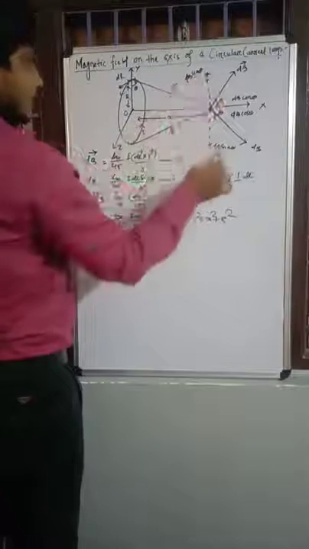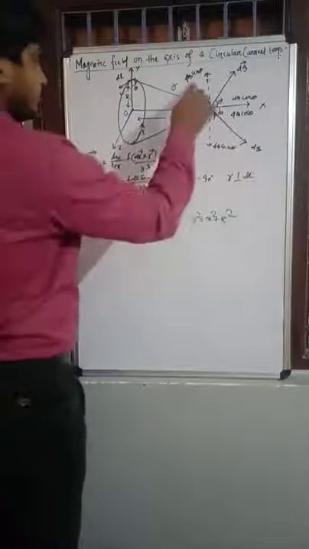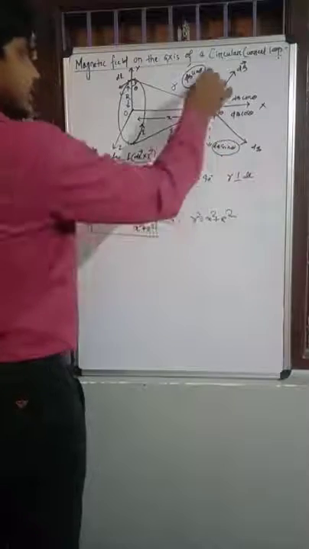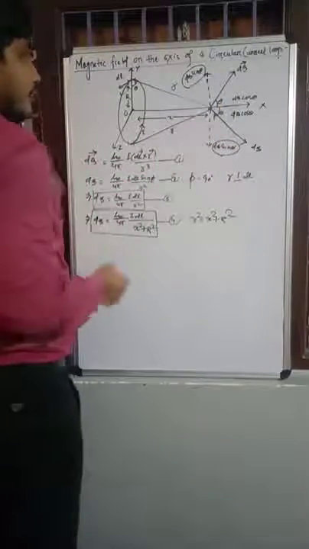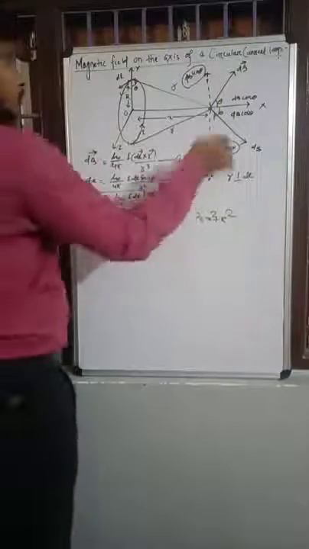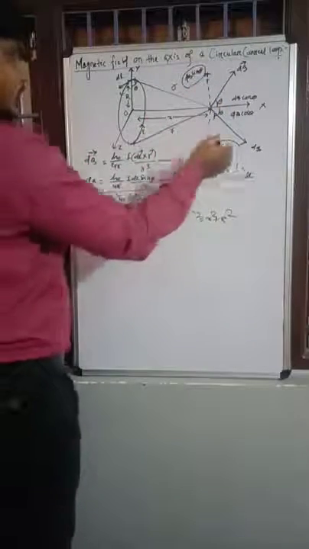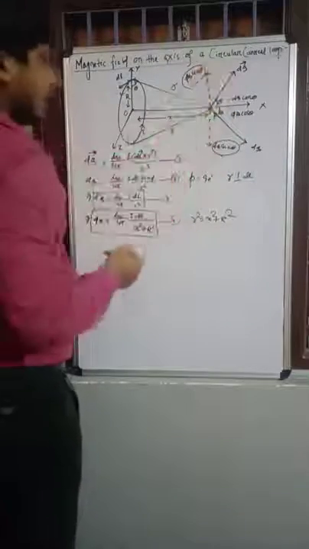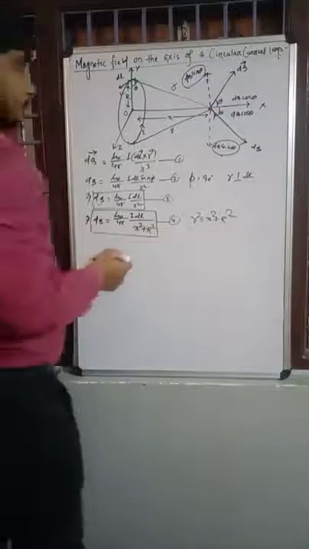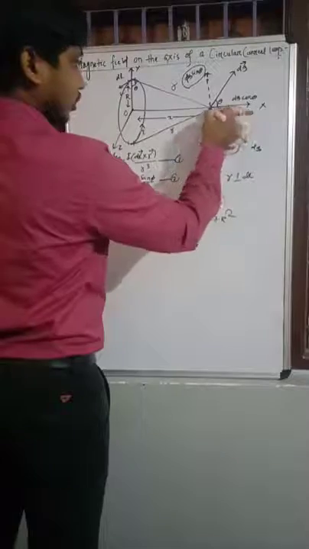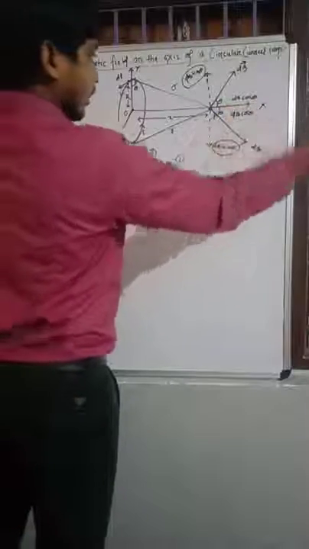You can see that the magnitude of this dB sin theta and this dB sin theta is the same, and they are opposite in direction. So these two will cancel each other. In this case, these vertical components are cancelling each other. But you can see that the direction of this dB cos theta for all the cases is along the x-axis, the same direction.